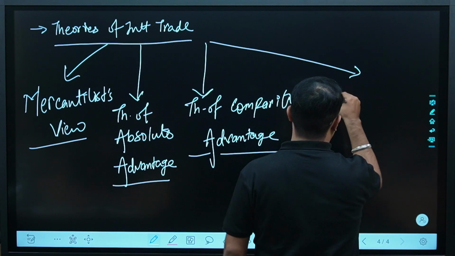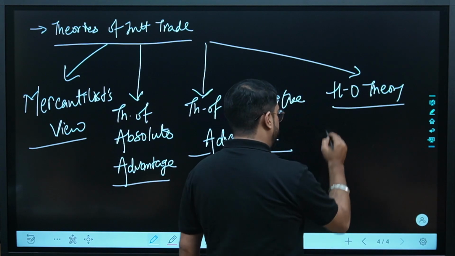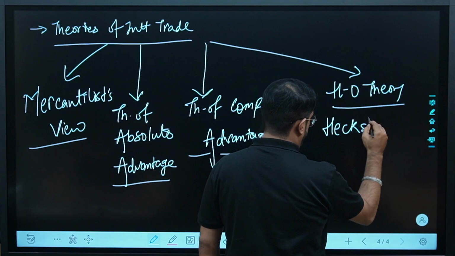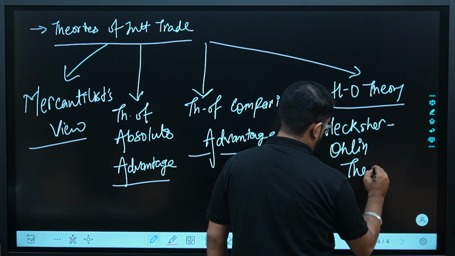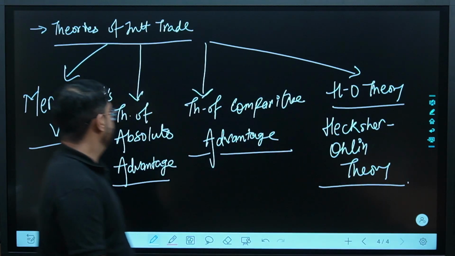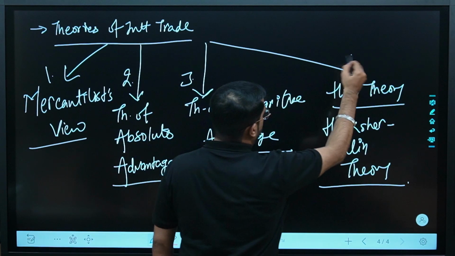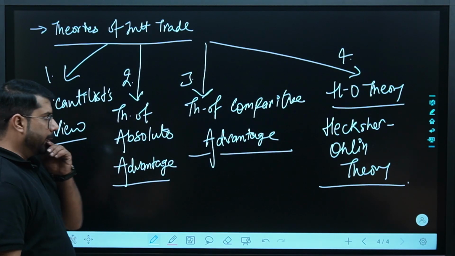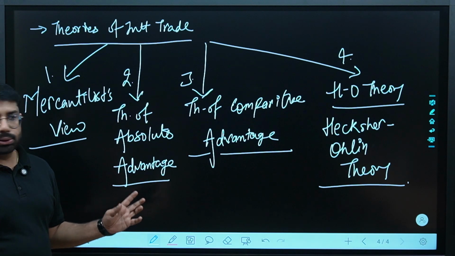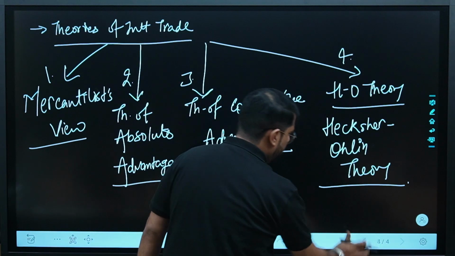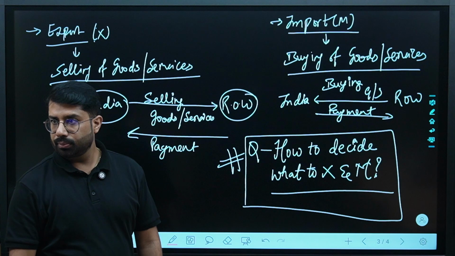And fourth is HO theory, that is Heckscher-Ohlin theory. These four theories, number 1, 2, 3 and 4, will somewhere or the other answer this question, how to take this decision. Are you clear?